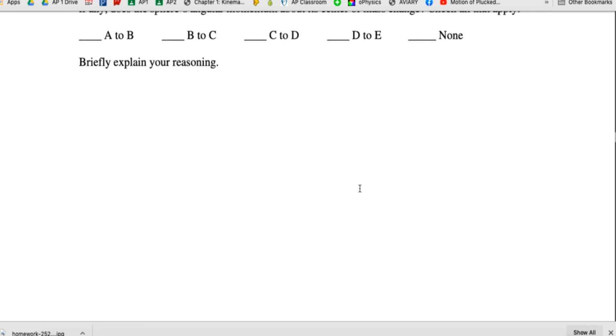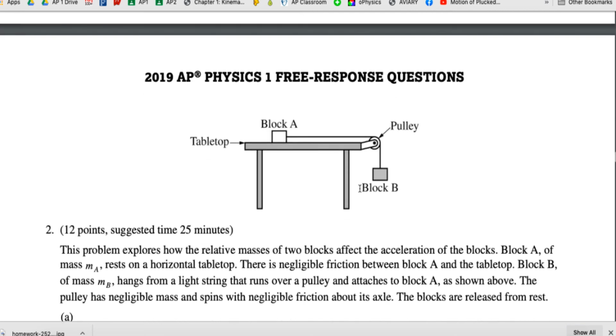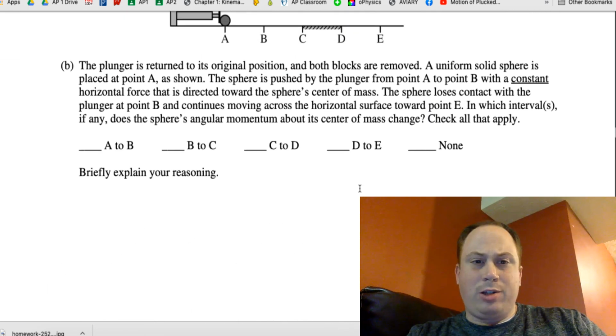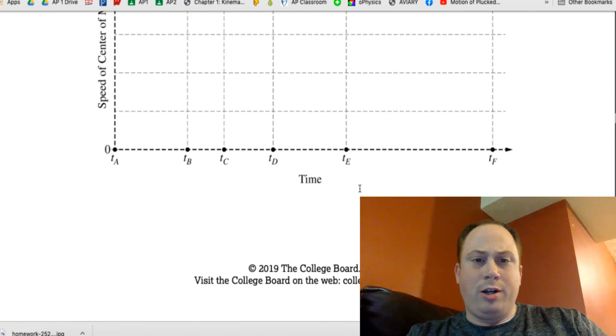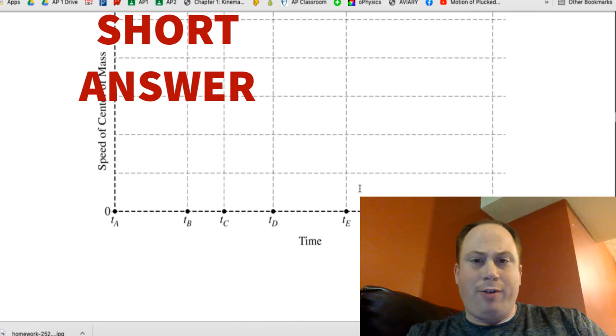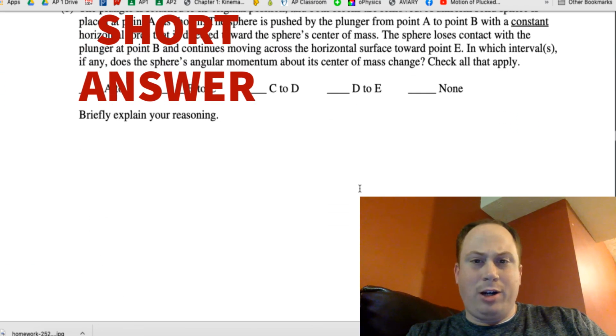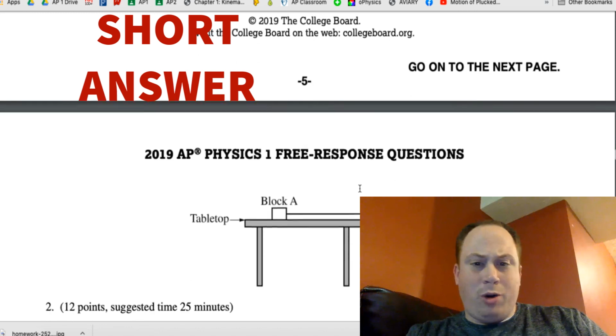And then you have to briefly explain. Briefly will just mean a couple sentences of explanation, not big long paragraphs. That is what we call a short answer question. It consists of just a graph and a couple conceptual questions. There wasn't a lot of math and derivation or anything like that. So that's a short answer.